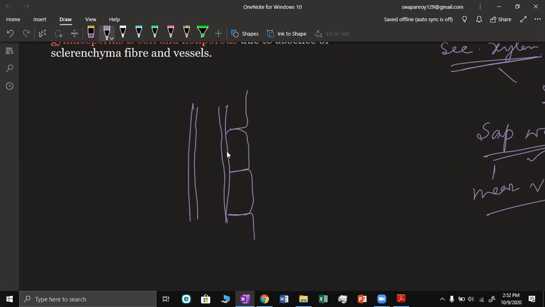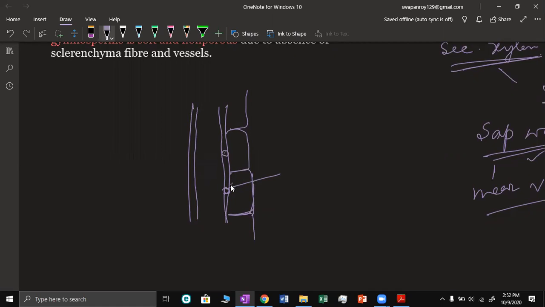This xylem parenchyma and this xylem vessel are connected with the plasmodesmata. There are pores, perforation is there. This is the living portion, this parenchyma.